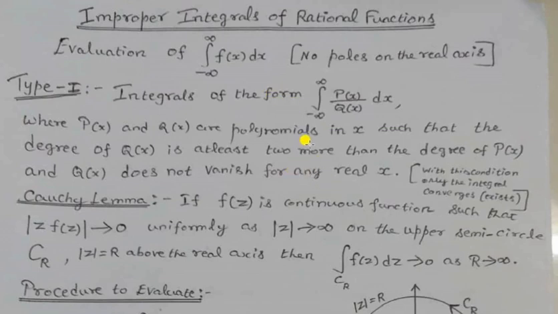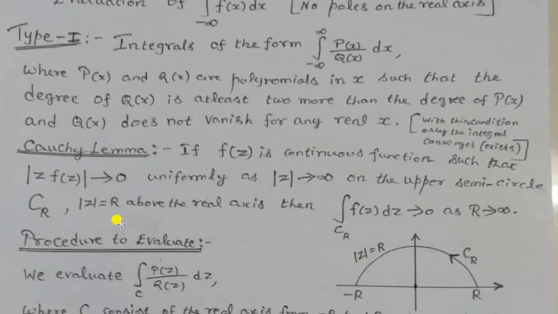For the first type, we are going to use Cauchy lemma to get the value of that integration. Cauchy lemma states that if the function f of z is a continuous function such that mod z f of z tends to 0 uniformly as mod z tends to infinity on the upper semicircle C suffix R, which is mod z equal to R, a circle centered at the origin with radius R, above the real axis.